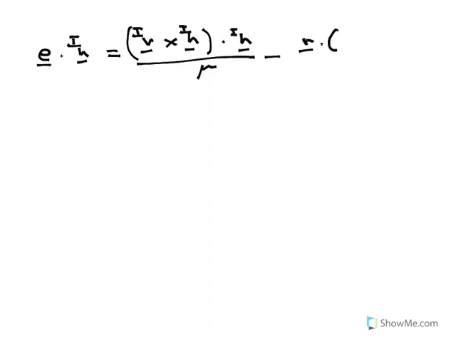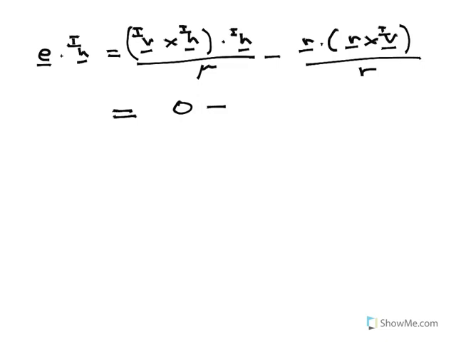E dotted with HI is equal to, well, we've got VI crossed with HI dotted with HI, all divided by mu, minus R dotted with R crossed with VI, all divided by R. So now it becomes a little bit clearer that the first term is 0 because VI crossed with HI is orthogonal to HI, and it's just 0.